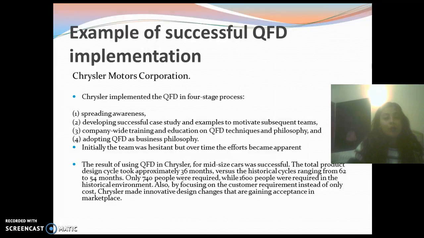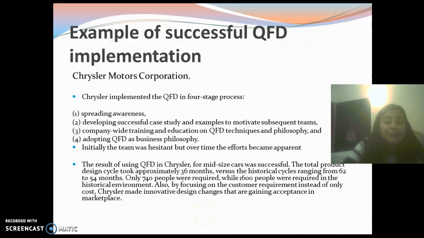Over time, what we noticed was a very, very successful effort, and the results show that for mid-size cars the total product design took 36 months, even though a normal car would take up to 62 to 54 months. That's a huge amount of time.